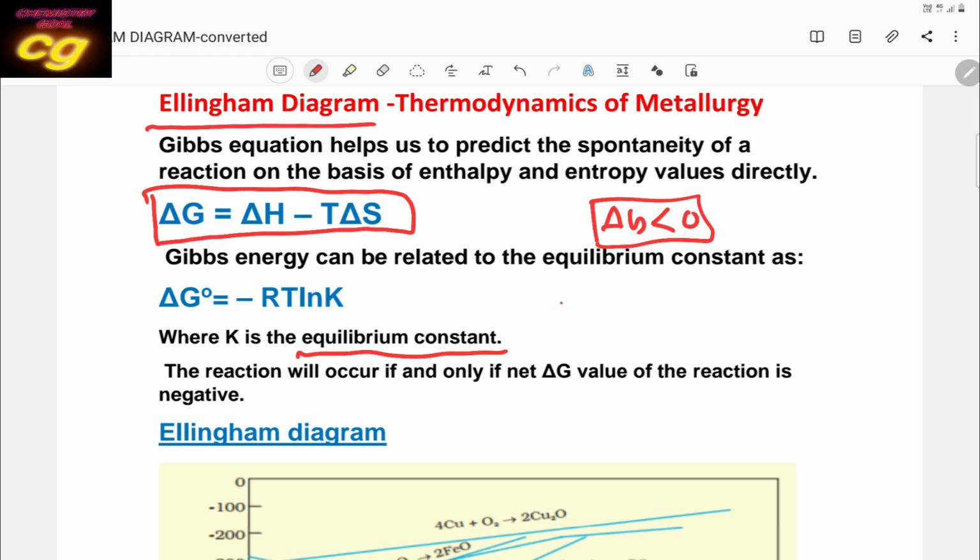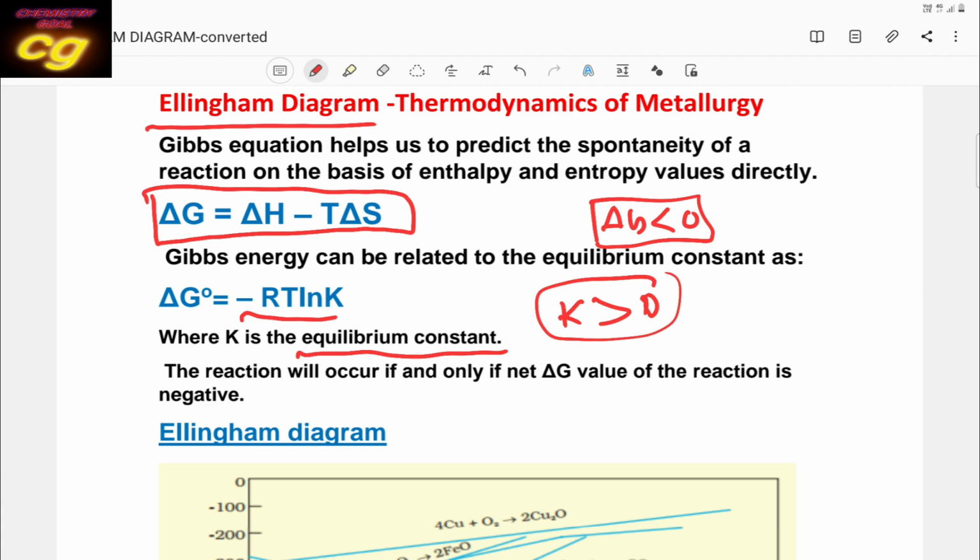The equilibrium constant should be greater than 1, so K must be greater than 0. If K is greater, then ΔG will be more negative, and then the reaction will be more spontaneous. So this is the main principle of extraction: ΔG must be negative for any spontaneous process.